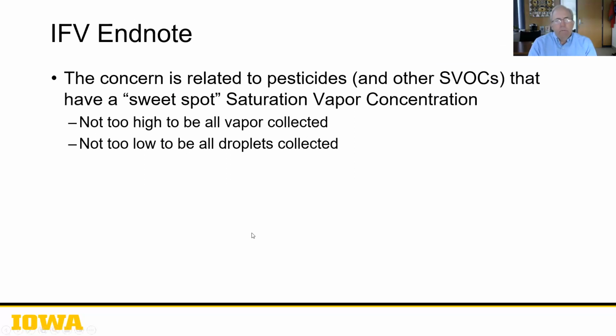So the concern, as far as I can figure it out, because I wasn't there at the time, is related to pesticides and these other SVOCs that I'm calling having a sweet spot. They have a sweet spot saturation vapor concentration. It's not too high to be all vapor collected, and it's not too low to be all droplets collected. Therefore, you're collecting both vapor and droplet.